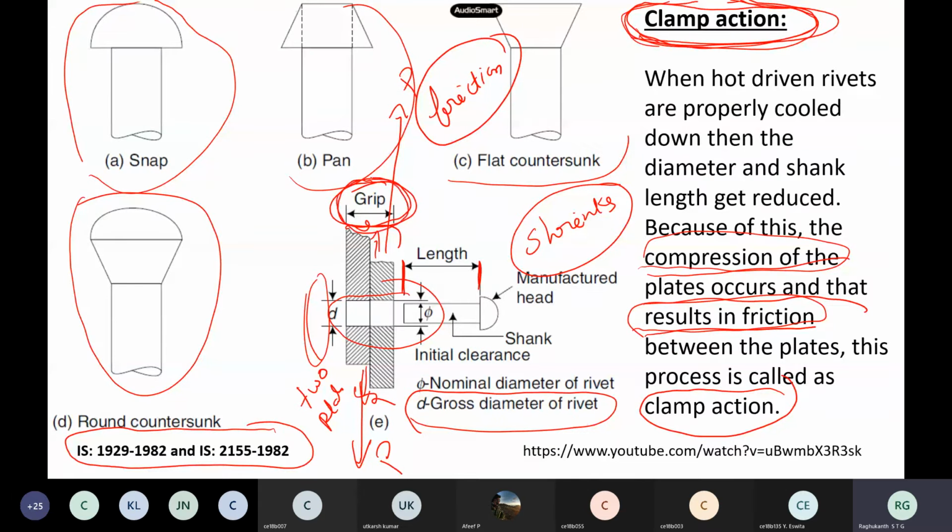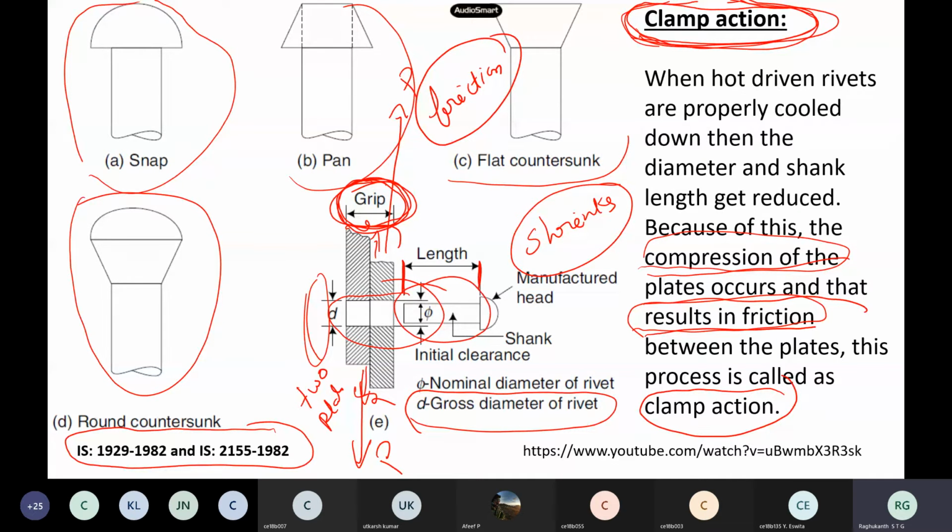You can see here, this is one plate, this is another plate. What is the grip here? The length of the bolt is one thing.